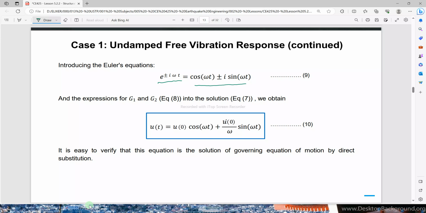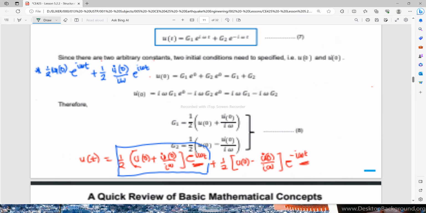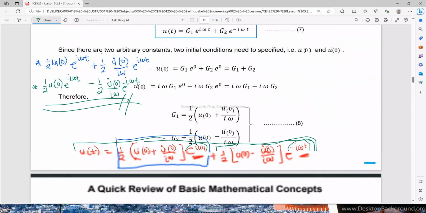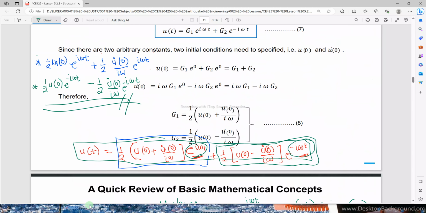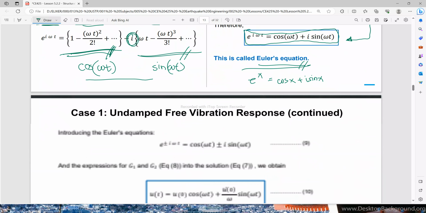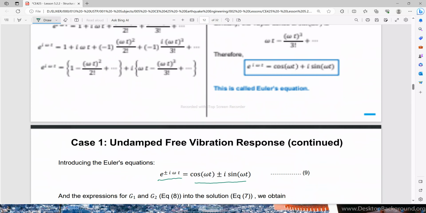So, applying Euler's equation to the previous example. Let's go back, we already have this one above. We just rewrite that one here.